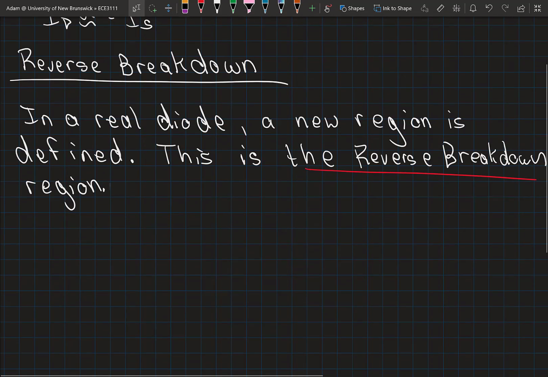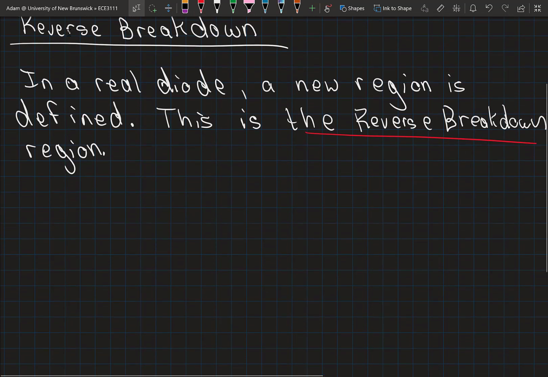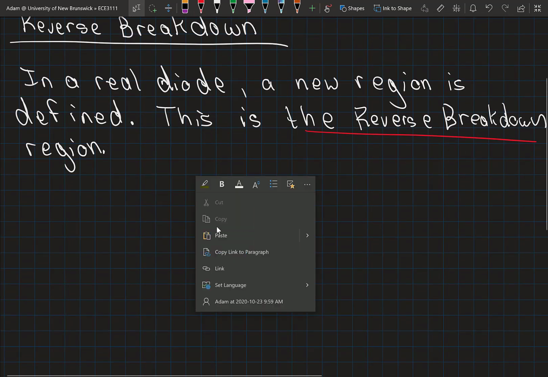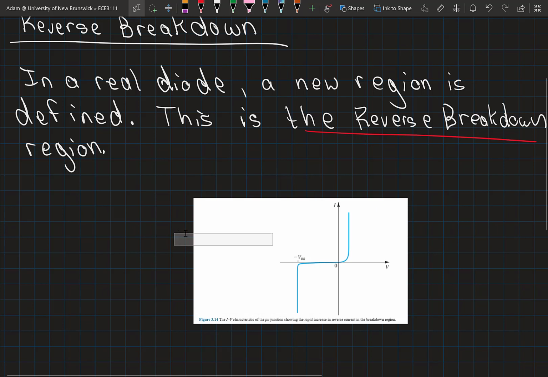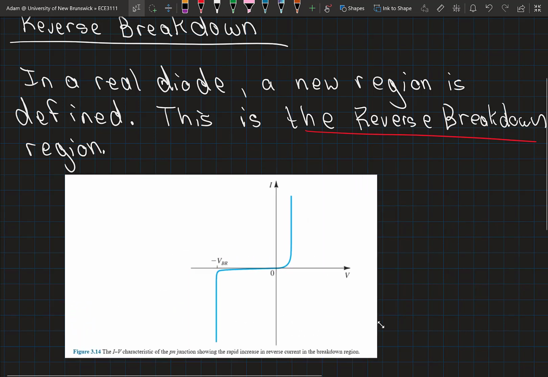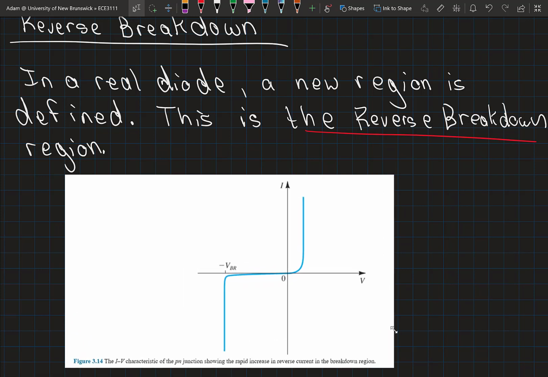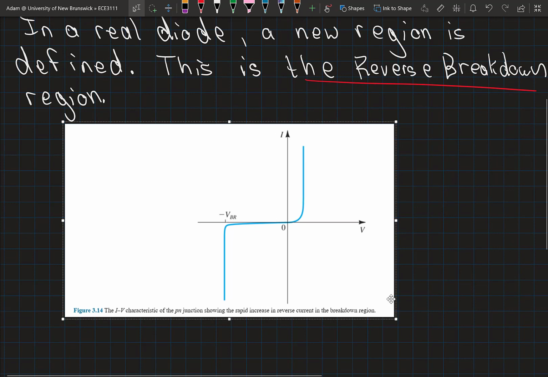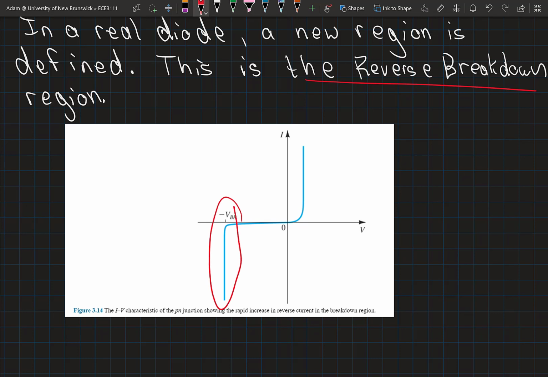Okay, and if we look at what the IV characteristic for our diode looks like when we account for this reverse breakdown region, we see that for large enough values of reverse voltage, the diode in fact does start to conduct again. Right, so we see that here. So this is this reverse breakdown region.